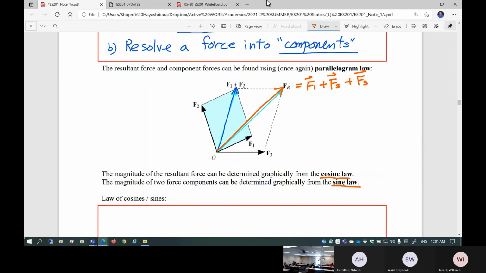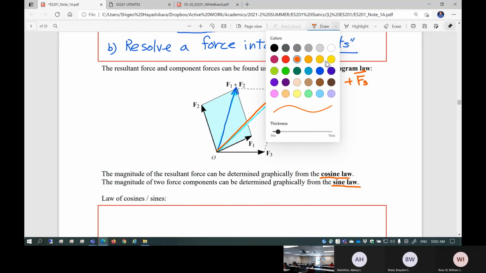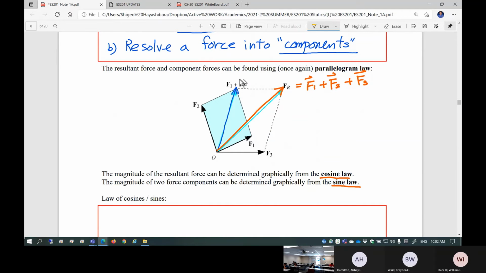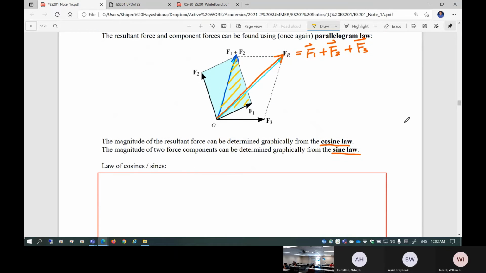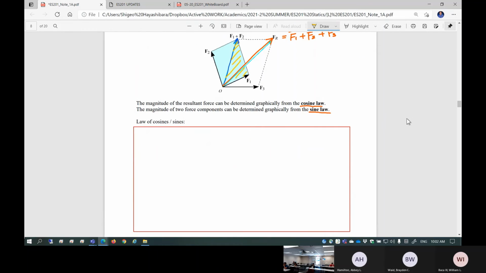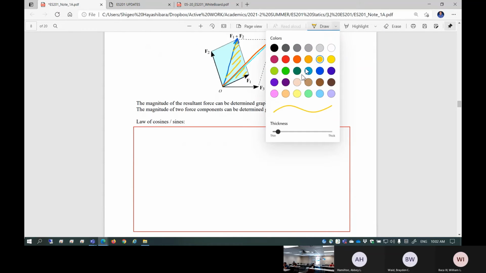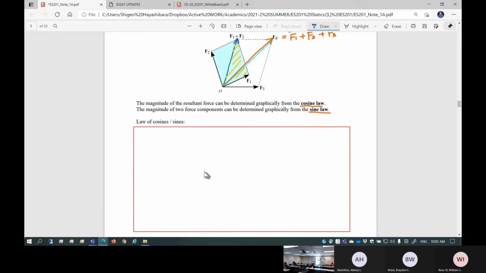So I'm going to pick up a triangle right here, and I'm going to sketch it down here. That is the triangle I picked up from this figure. Once again, it's very difficult to draw a straight line.